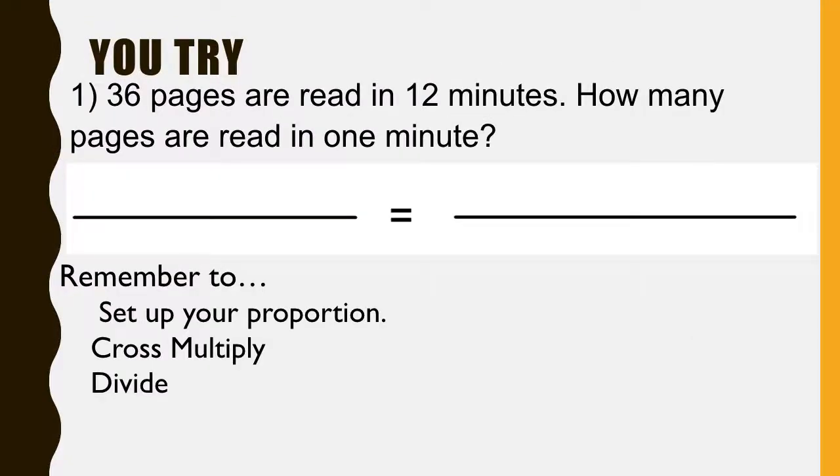Now you try this one by yourself. 36 pages are read in 12 minutes. How many pages are read in 1 minute? If you do not set up your proportion, I'm not counting this as correct.